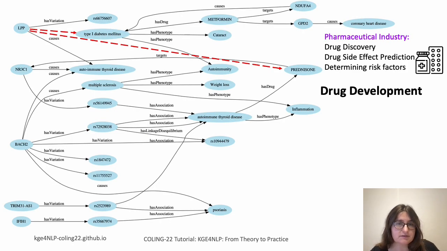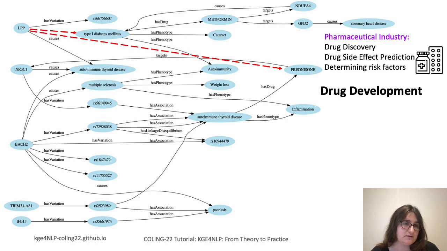Here is just an overview, a subgraph, of how such data could look in a pharmaceutical industry use case. For example, in drug discovery, drug side effect prediction, or determining risk factors.